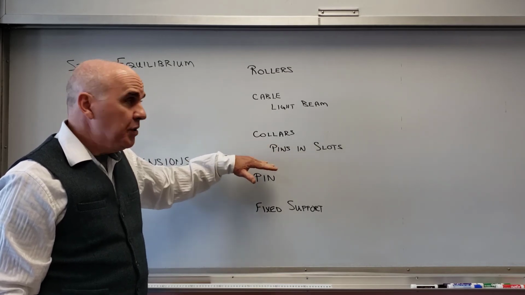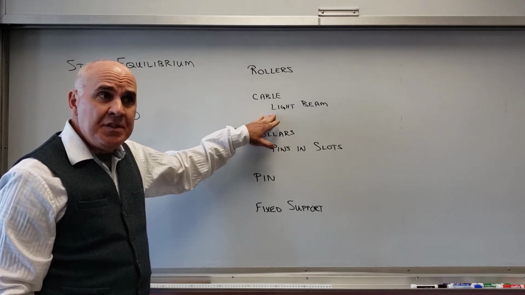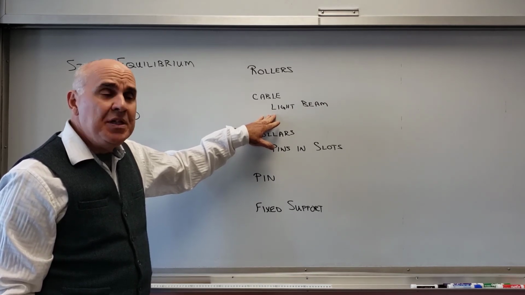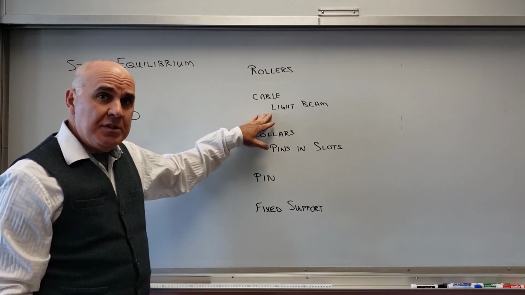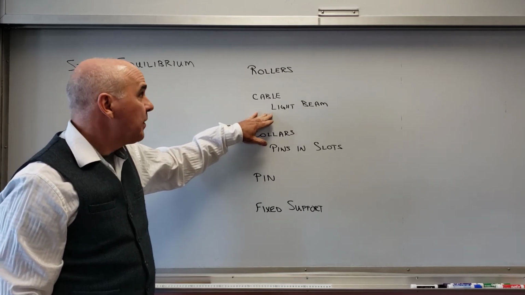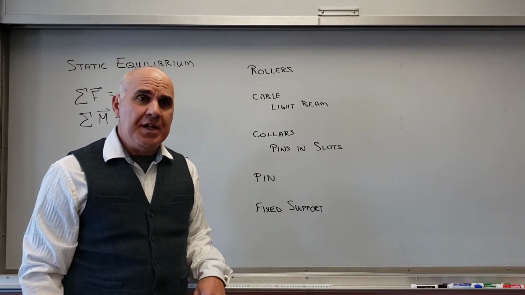A little bit of both in those. A cable or a light beam does not exert moments, but it will exert forces along the cable or along the direction of the light beam. And then rollers will only exert forces in the normal. They will not exert any moments.